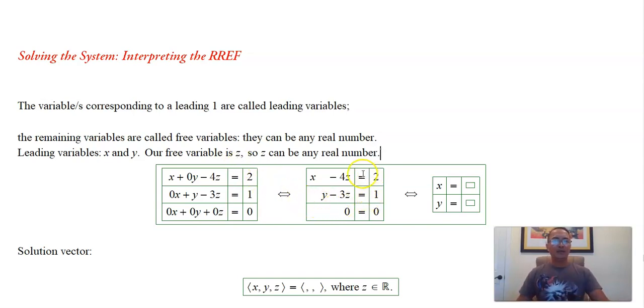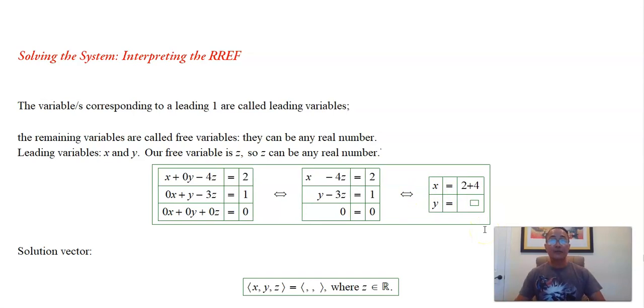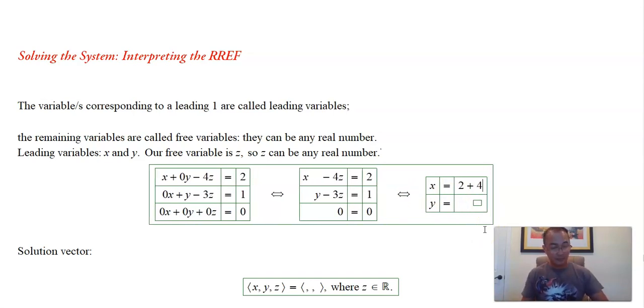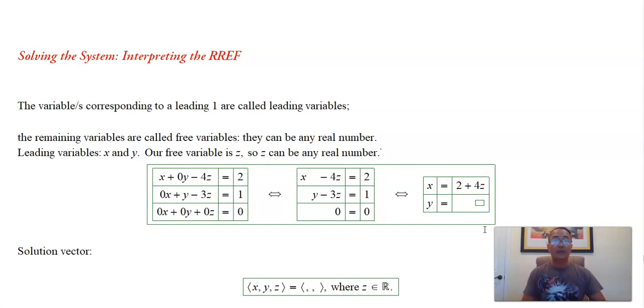Okay, and then what do we do? Now that we know that z can be any real number, we can solve for x in terms of z. So we get x equals 2 plus 4z and y equals 1 plus 3z.